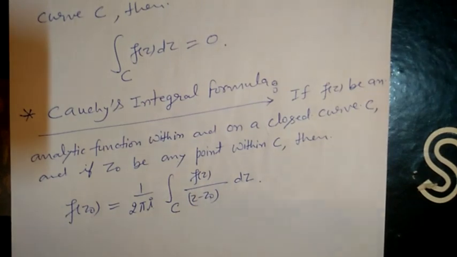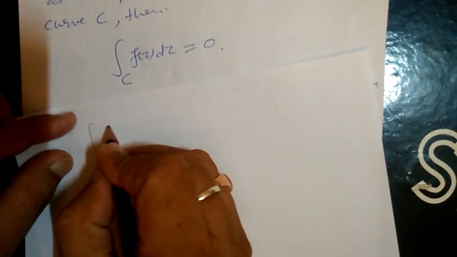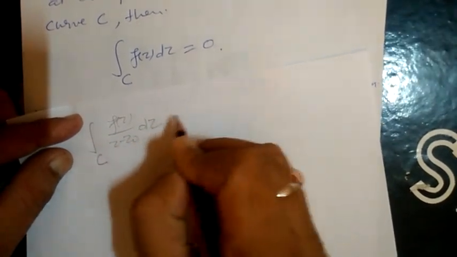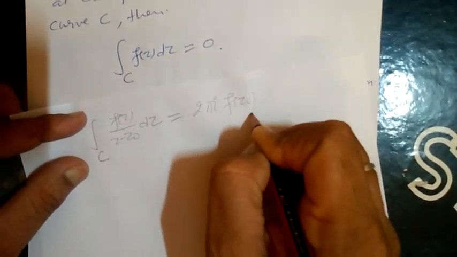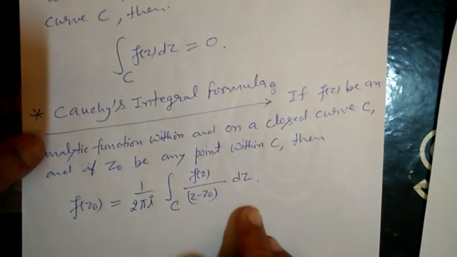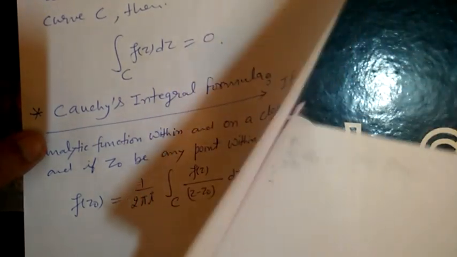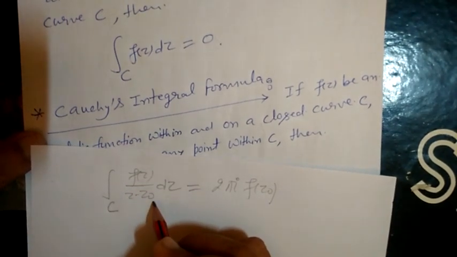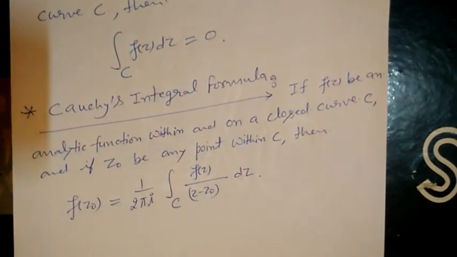We can also write this expression as the integral along the curve C of f(z) upon z minus z naught dz is equal to 2 pi I f of z naught. This is the Cauchy integral formula, written either way.